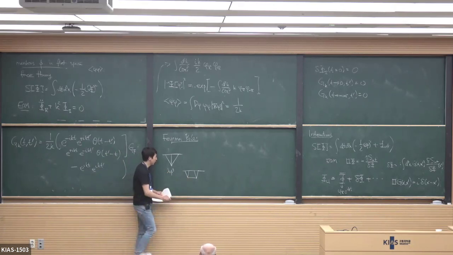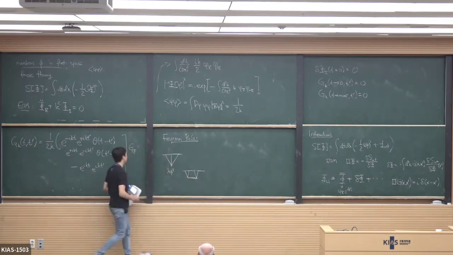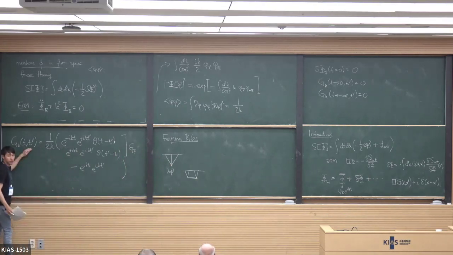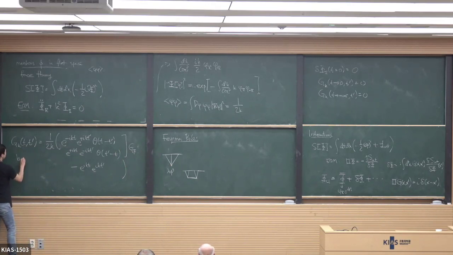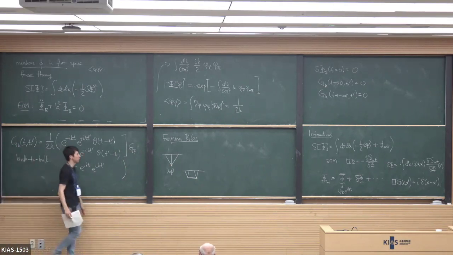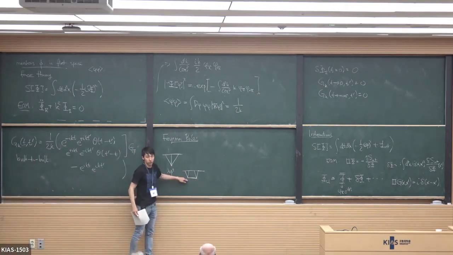One, the propagator that we just derived here, is the so-called bulk-to-bulk propagator, which connects these two interaction vertices for finite time.